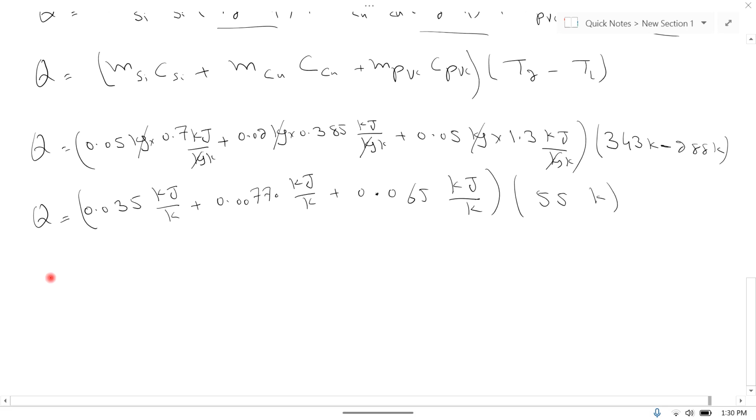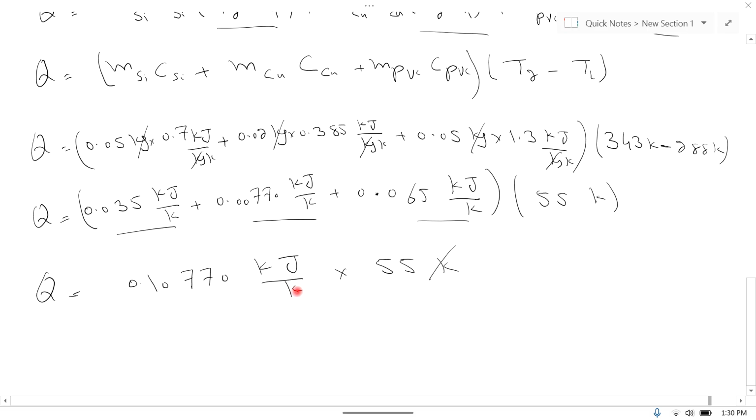Now add these three values. Units are same, kilojoule per Kelvin. So the sum of these three values is 0.1077 kilojoule per Kelvin multiplied by 55 Kelvin.